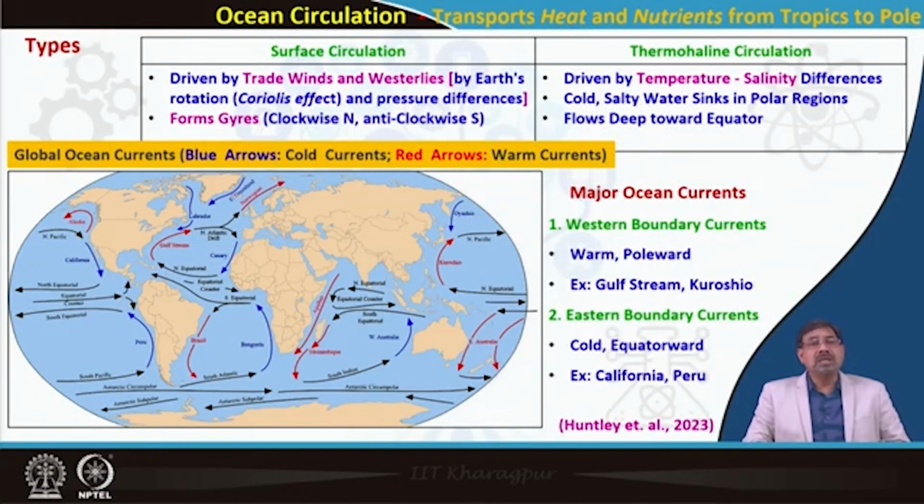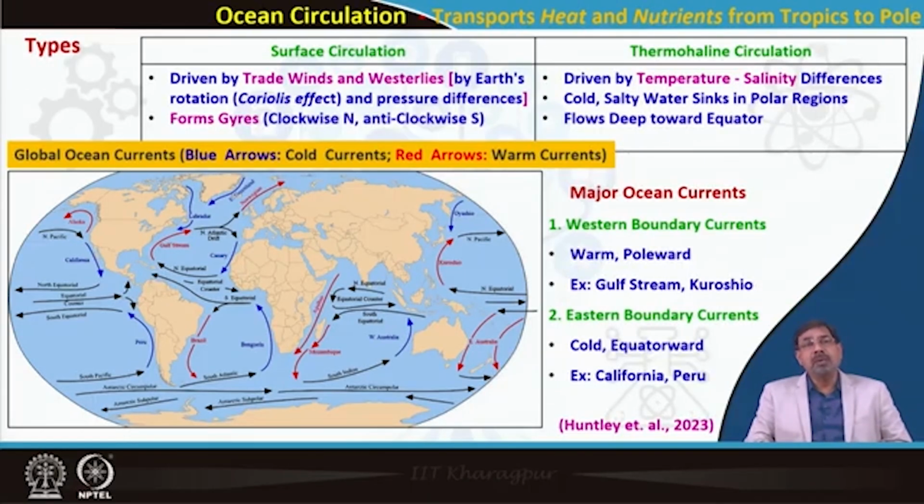Then you have the south equatorial down below on the left side, and similarly in the Atlantic region you will get the Norwegian and the Gulf Stream as the warm currents, shown in red arrows, and the others, in terms of the Labrador, the North Atlantic drift, the Canary, and the North Equatorial currents.